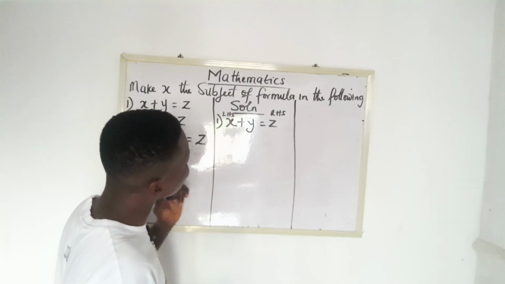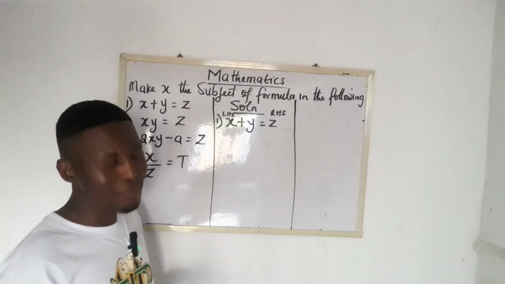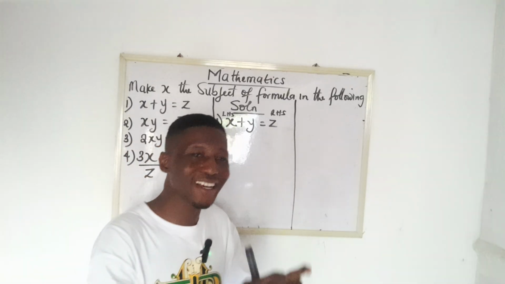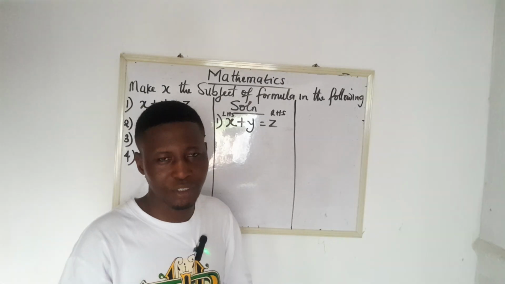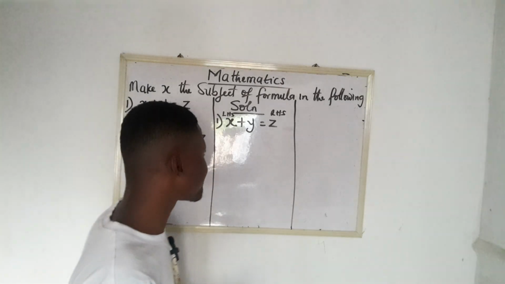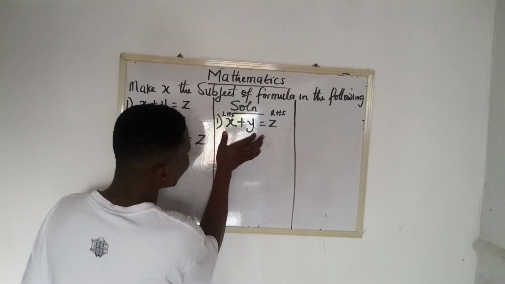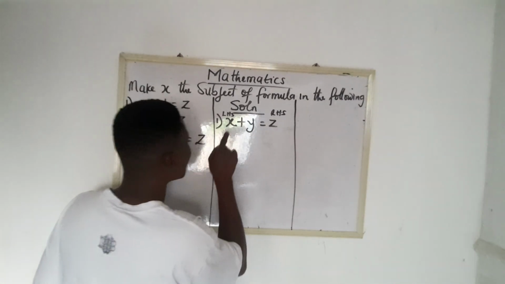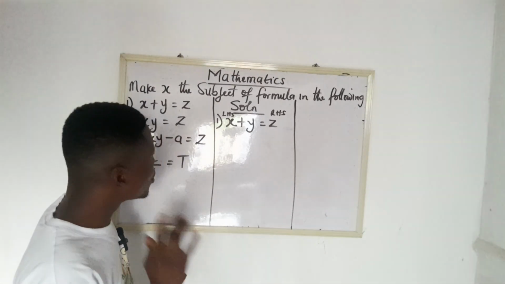On the left hand side of the equation, there are certain things disturbing my x from standing on its own, because the question says we should make x stand on its own. That is, we should make x the subject of the formula. This y on the left hand side of this formula is disturbing my x from standing on its own. So what am I going to do?